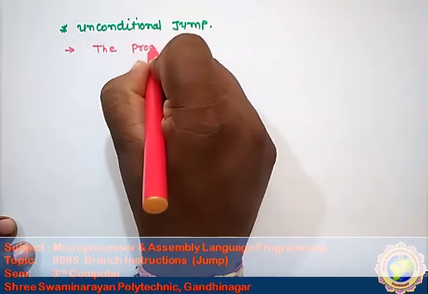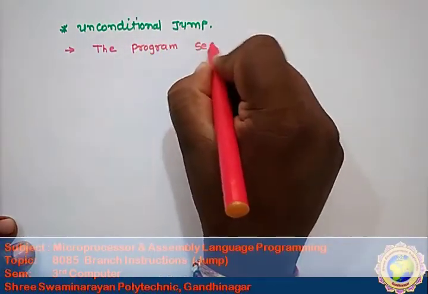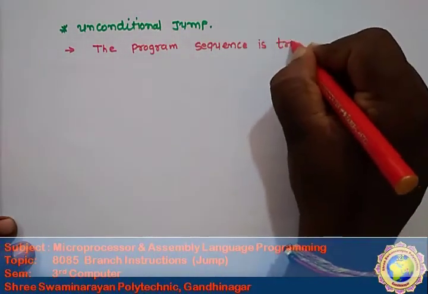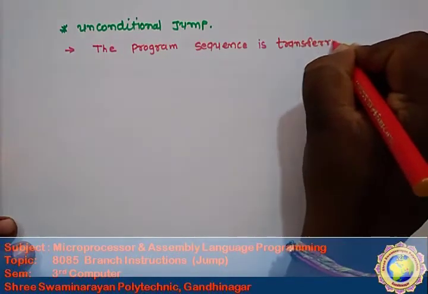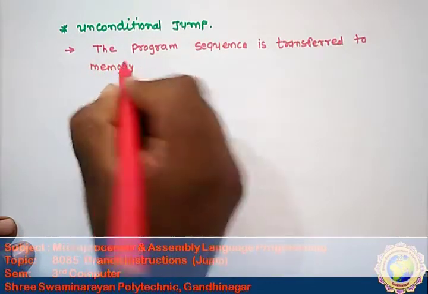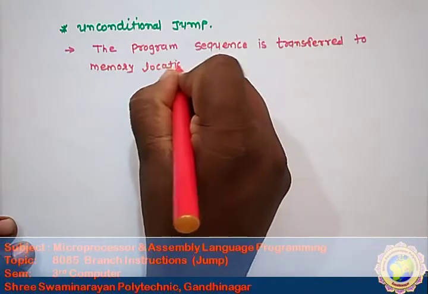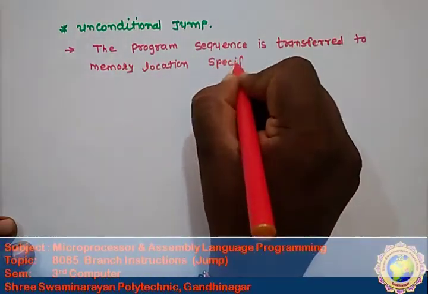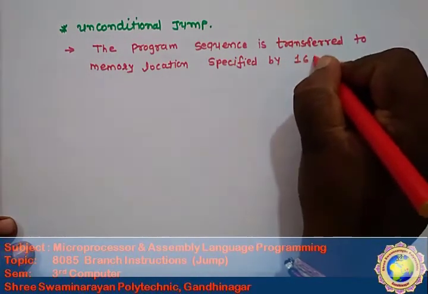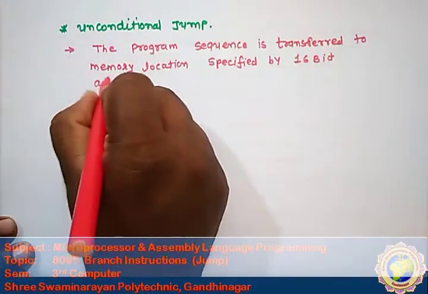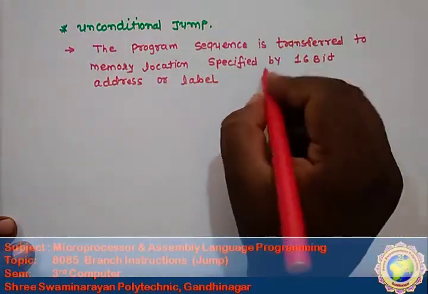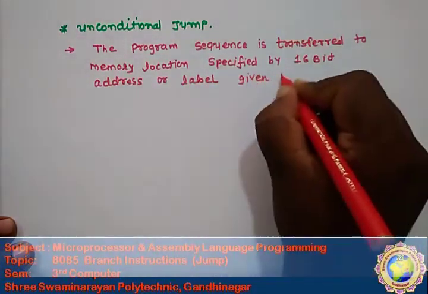The program sequence is transferred to the memory location specified by a 16-bit address or label given in the operand.